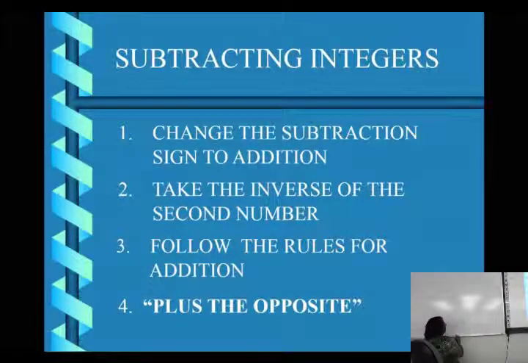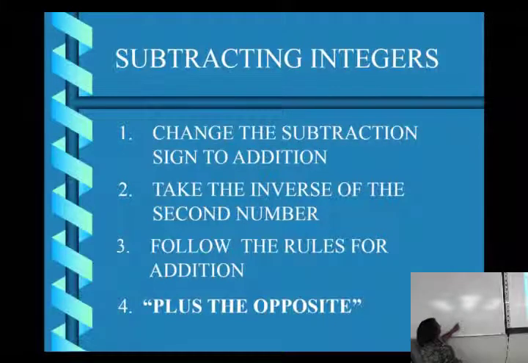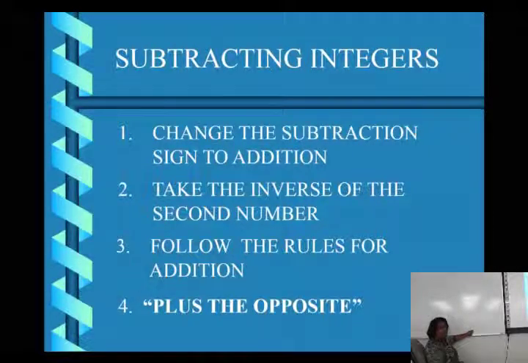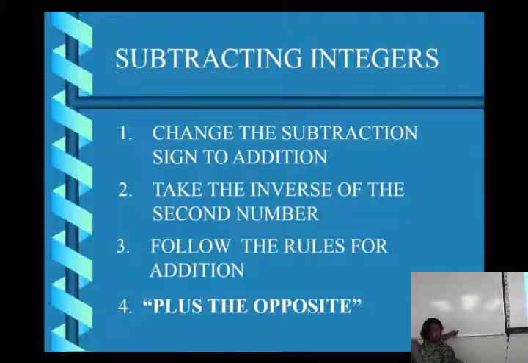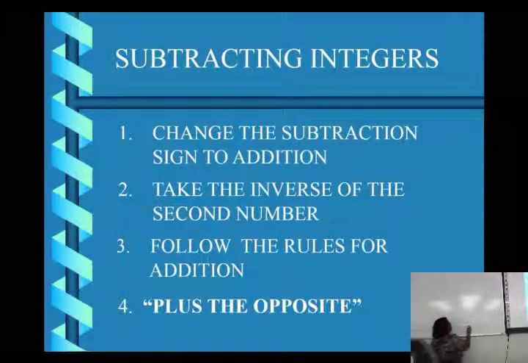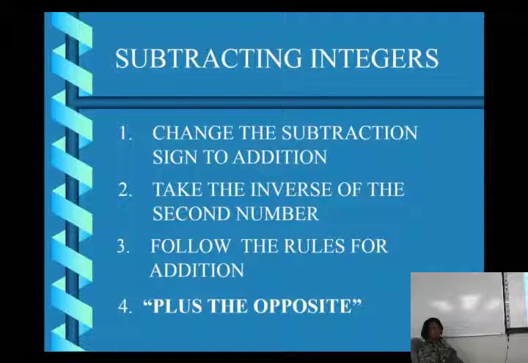These mean the exact same thing. 7 minus 3 is equal to 4, and 7 plus a negative 3 is also equal to 4. I'm just using subtraction here, and I'm using plus the opposite here. Not having all of those negatives helps you. So you just need to remember the phrase plus the opposite, or plus the opposite sign.